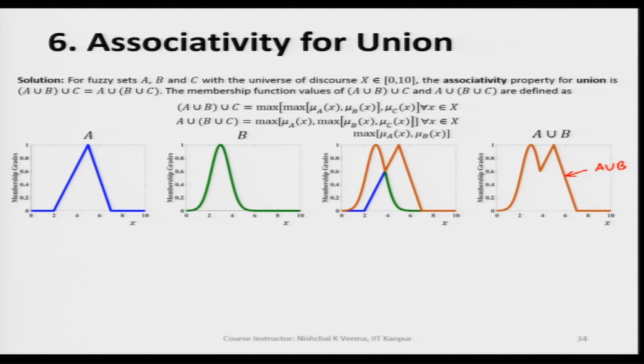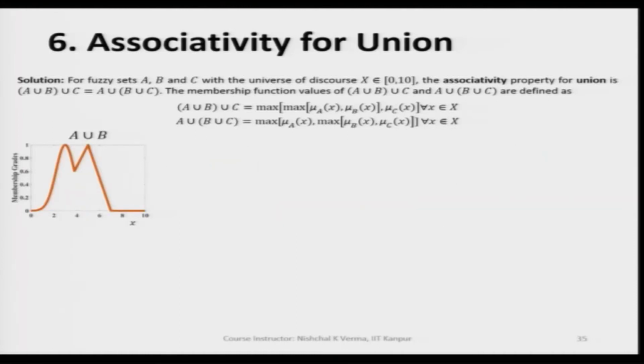Now, since we already have A union B, we use this and take the union with C. So, let us see what is happening. We have C fuzzy set here.